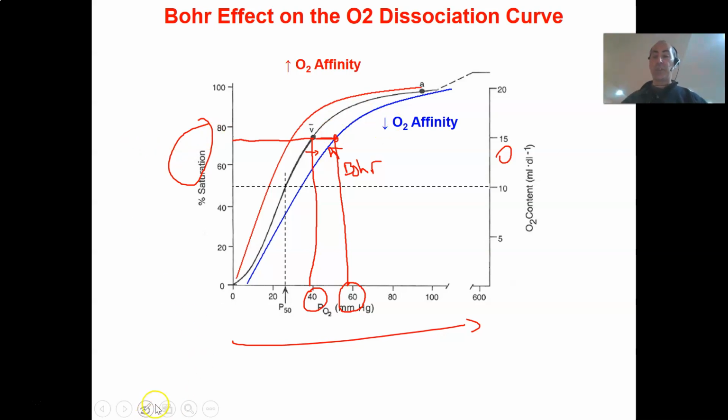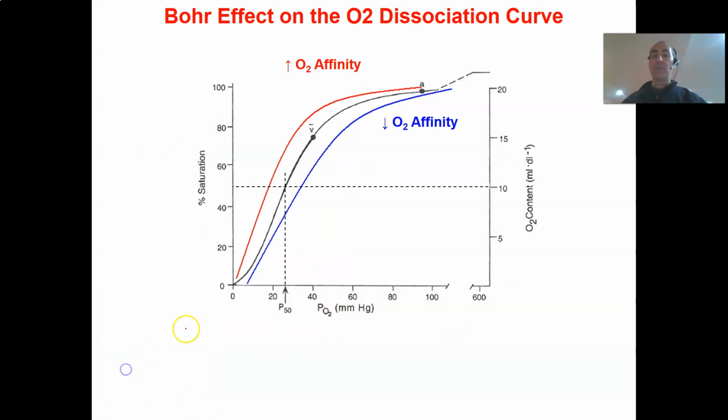If you have the reverse occur, if you have a leftward shift of the oxygen dissociation curve, again, about 75 or so percent saturation, and you drop the curve, you now see that you have to get to about 30 millimeters of mercury to do this.